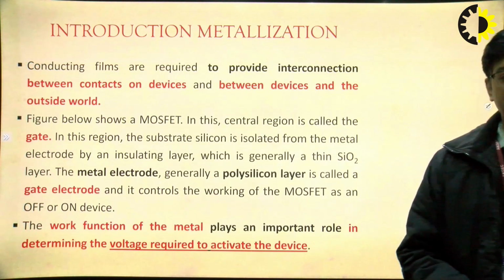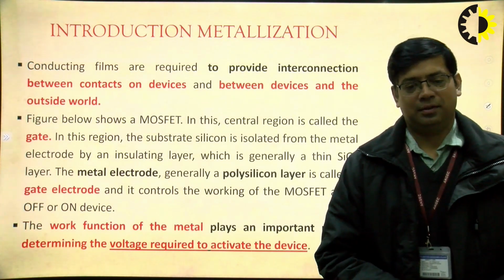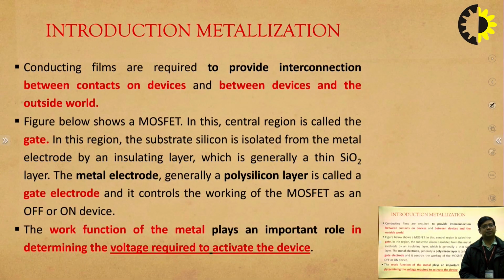As we know that in case of VLSI, to prepare a VLSI chip, there are different processes that are used. So one of the important process that we use is known as metallization.